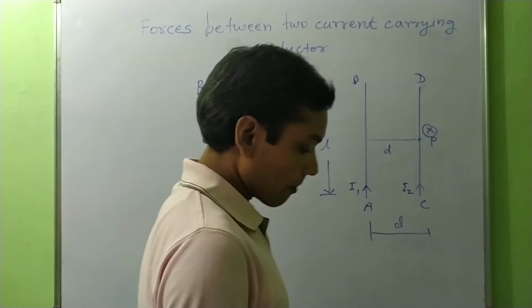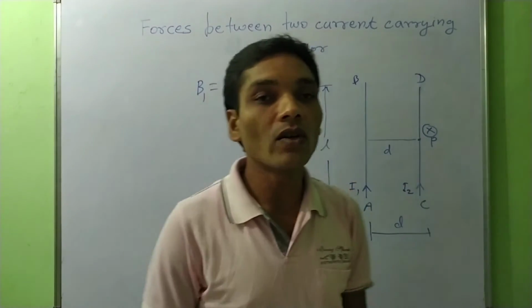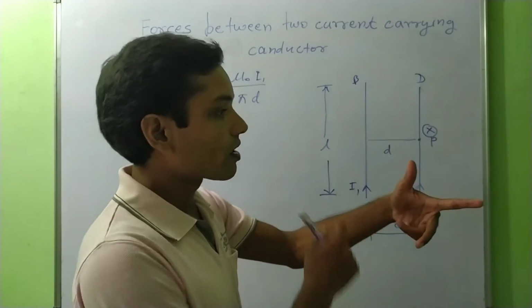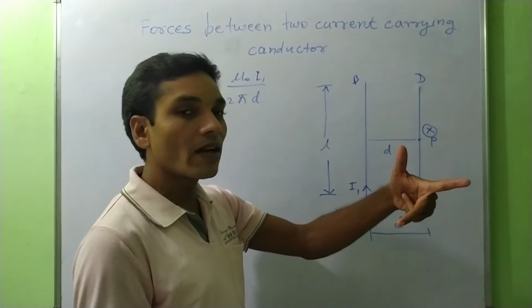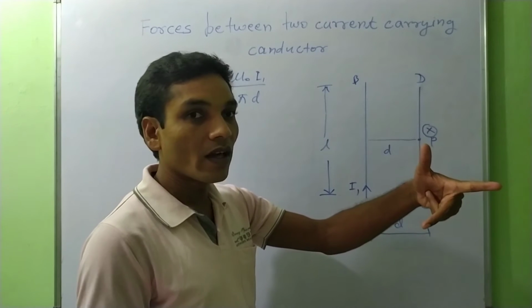You know that by Fleming's left hand rule, stretch your thumb, forefinger and middle finger mutually perpendicular.